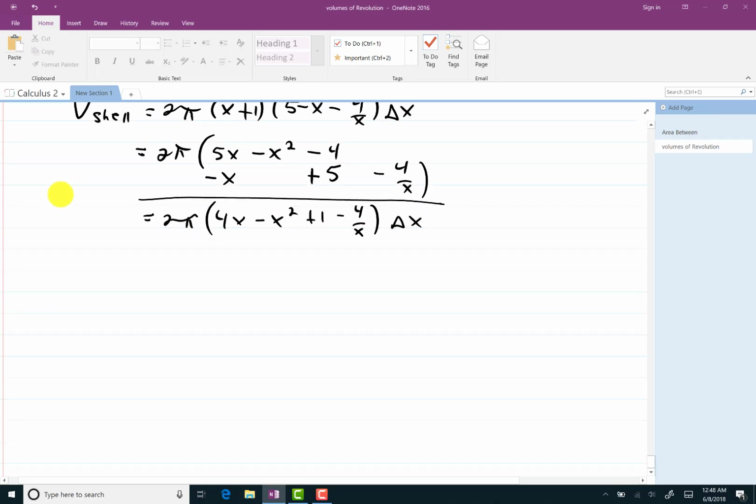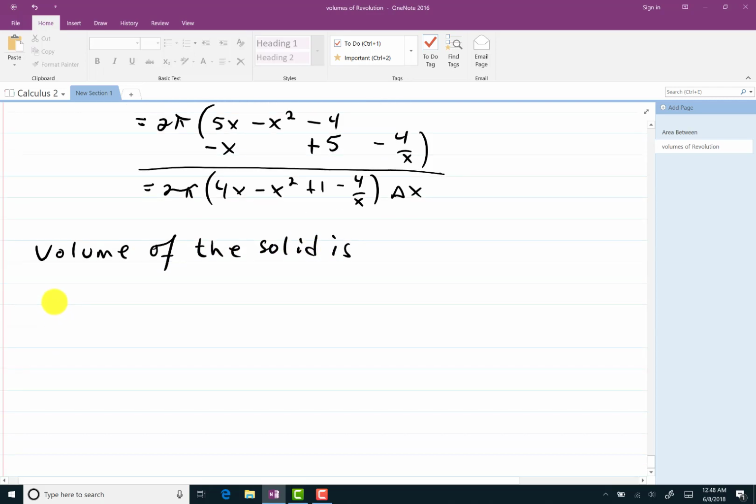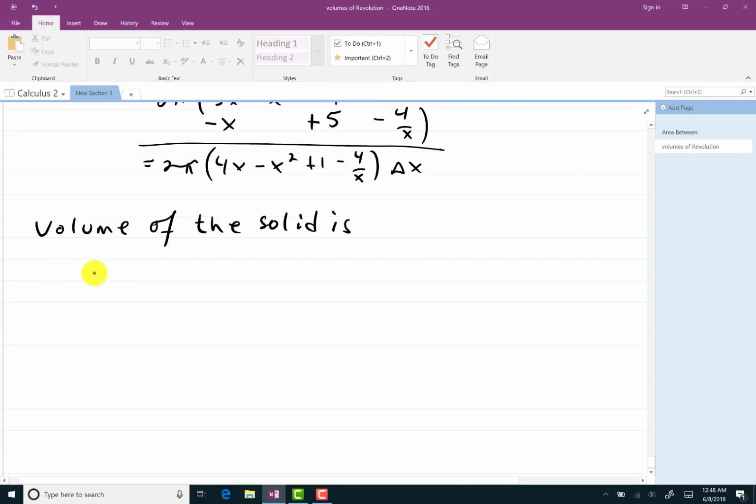So the volume of the solid is given by v equals 2 pi. The interval, as I said, was going from 1 to 4. I'll get 4x minus x squared plus 1 minus 4 over x dx.